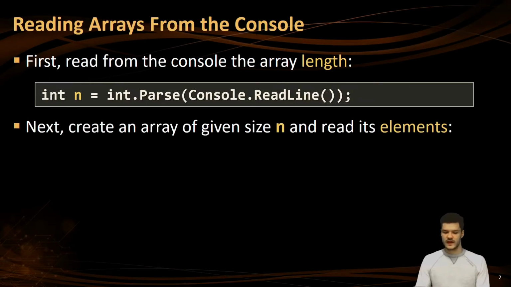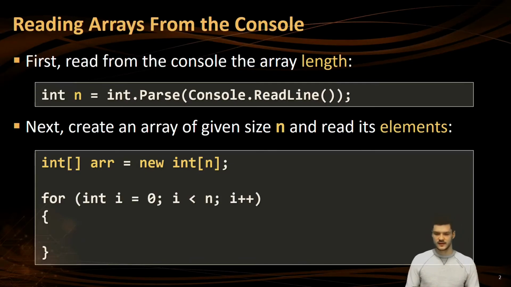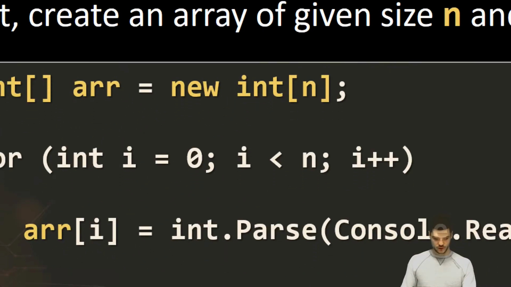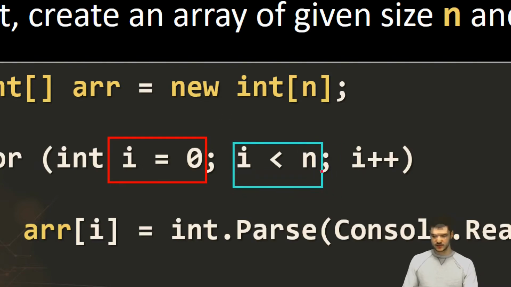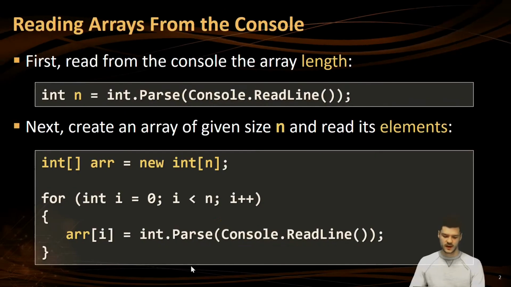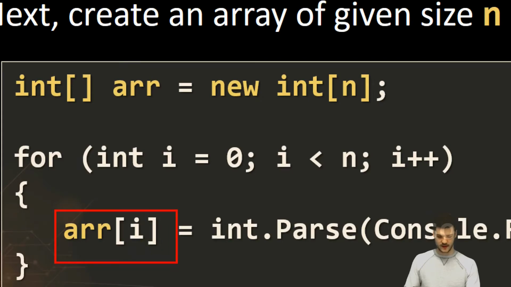After that, we need to create the array of the given size, and then with a for loop, we need to go through each index of the array, from index 0 until the end of the array, and again parse the input into an integer and add it inside the array.